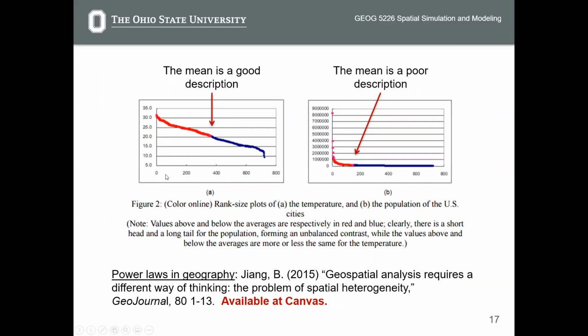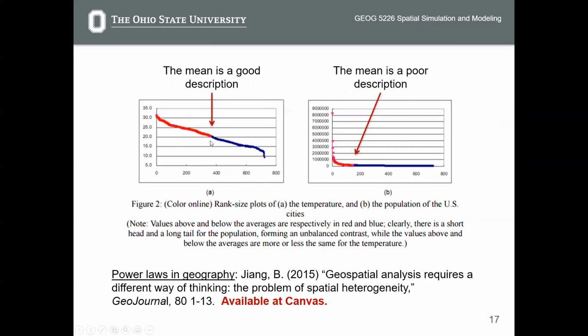Here the vertical axis is for temperature, and along the horizontal axis is the number of cities with a specific average temperature around the year, every year.